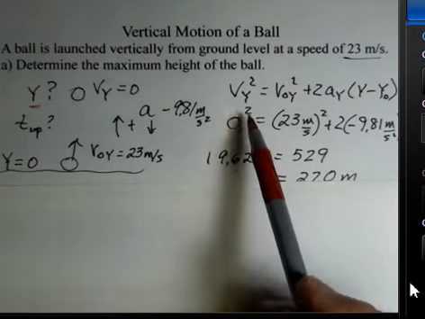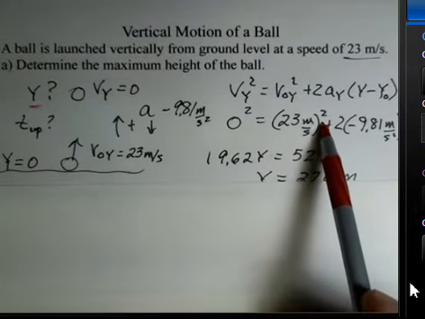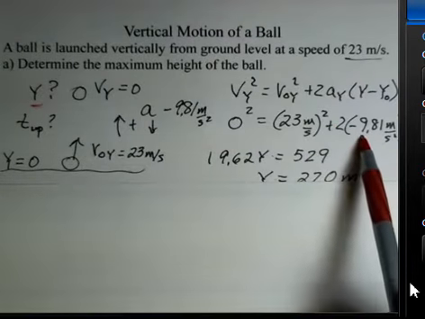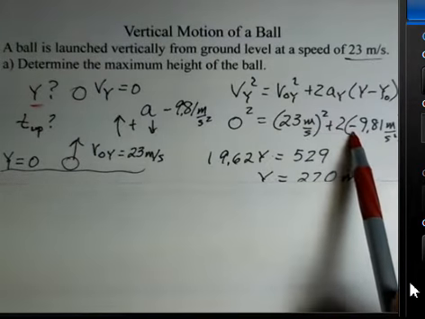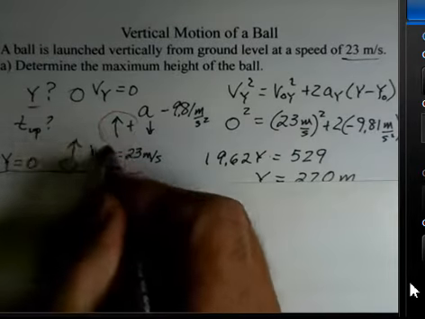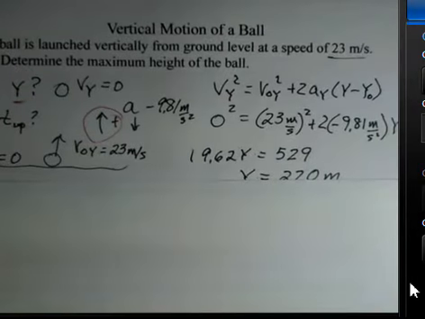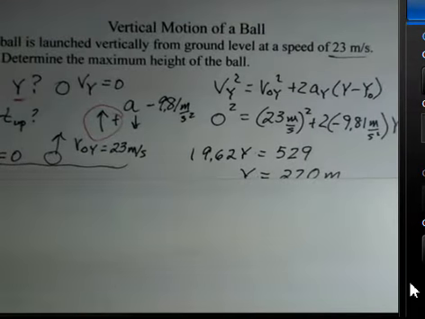So we start putting those in. Final velocity of 0. Initial velocity is 23. That has to be squared. Our acceleration, it's very important to put in the minus sign. I'm working this problem with the upward direction being the positive direction. So we do need to have a minus 9.81.